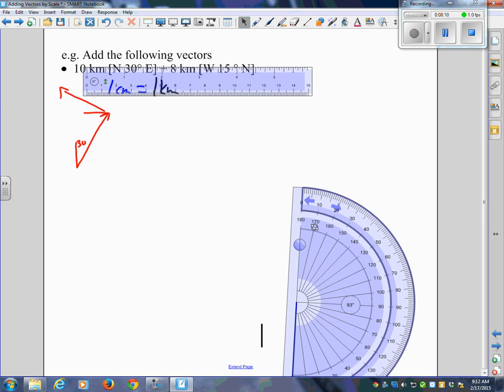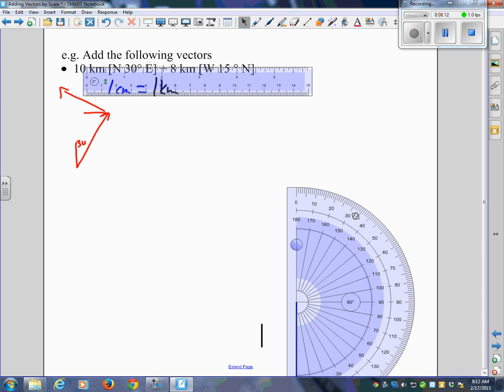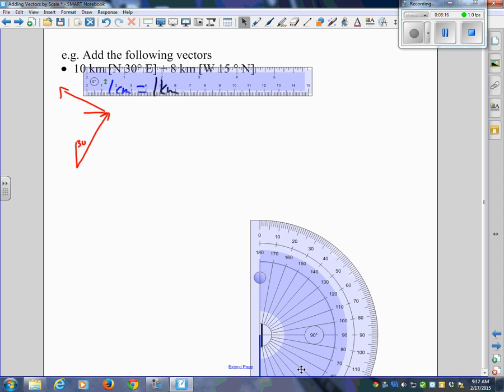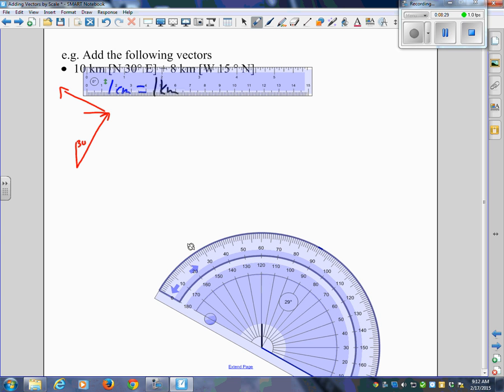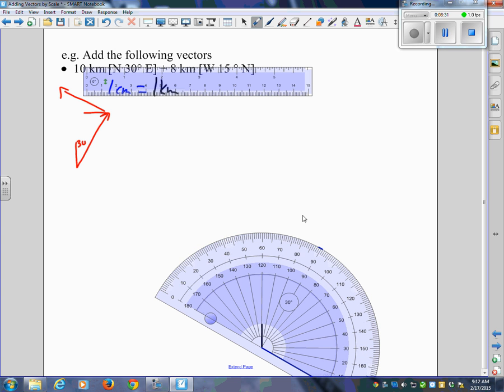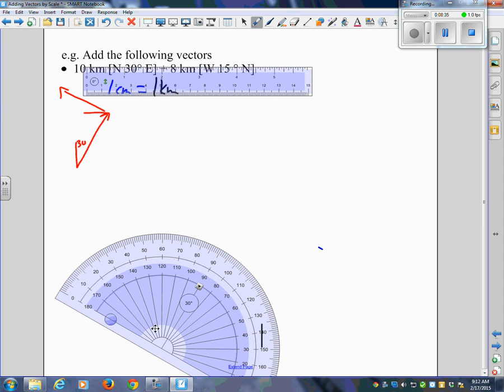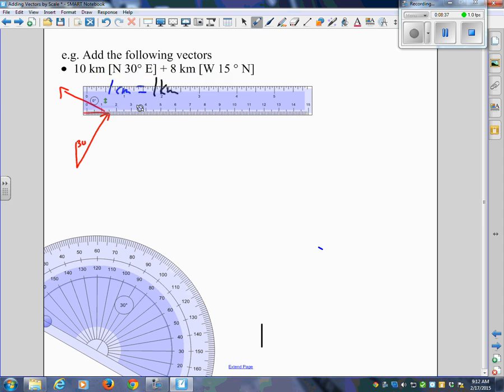So you guys got it much easier than I do. North 30 east. So to the north, and then 30 degrees to the east, right there. Make a little mark. Get the protractor out of there. Okay, I'm going 10 kilometers, so I've got to go 10 centimeters.